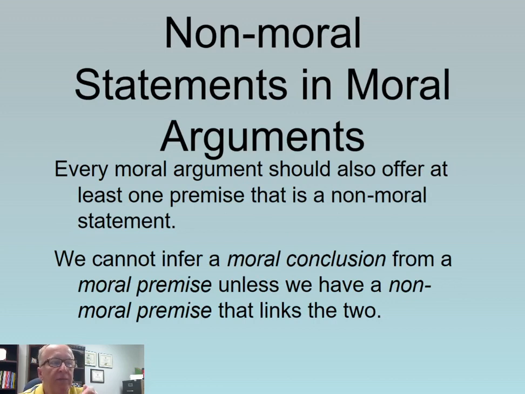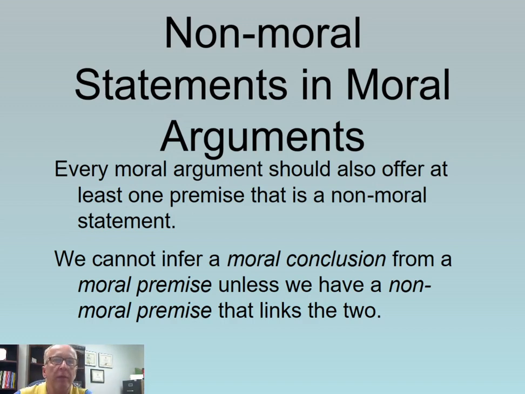We can't infer a moral conclusion from a moral premise unless we have a non-moral premise that links the two. Now, if you have a moral statement in premise one and a moral statement in premise two, then it's just going to look like your argument is about preaching or trying to get them to understand your point of view with two moral statements, and that's not a good argument.